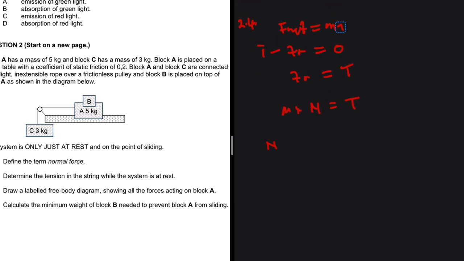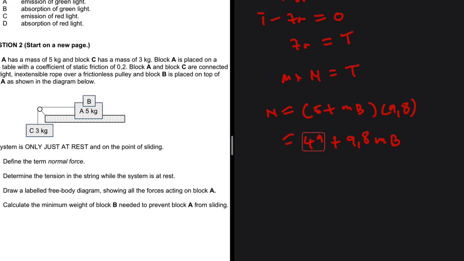The normal force in this instance will be the mass of A, which is 5, plus the mass of B, which is what we're interested in, multiplied by 9.8. So the normal force is 5 multiplied by 9.8, that is 49, plus 9.8 mass of B.